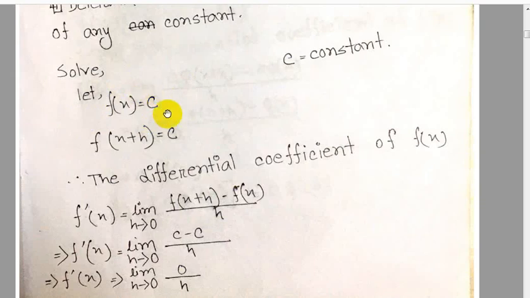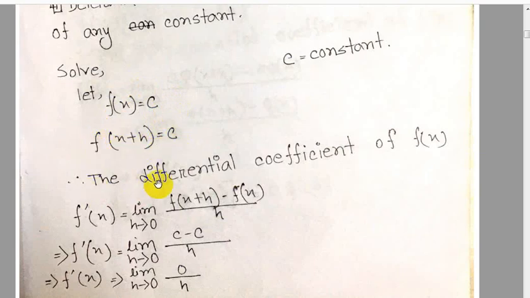So the main property of a constant is that its value is always the same over any variable, whether it is x, time, or distance, whatever it is. While the term is constant, the value should be a particular value. Okay, so as long as f of x equals c, which is constant, f of x plus h should also be equal to c.